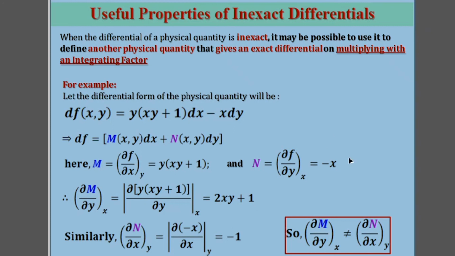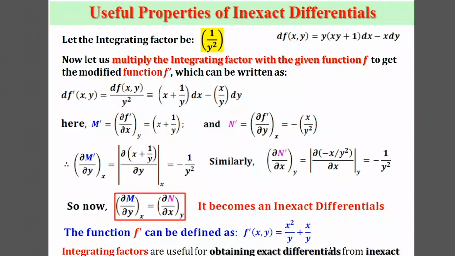But if I differentiate N with respect to x, keeping y constant, then I get minus 1. So the double differentials are not equal. Since they are not equal, if I now multiply the function by 1 by y square, multiplying the integrating factor with the given function, what do we get?